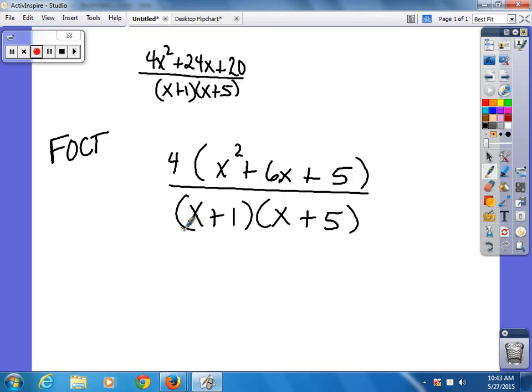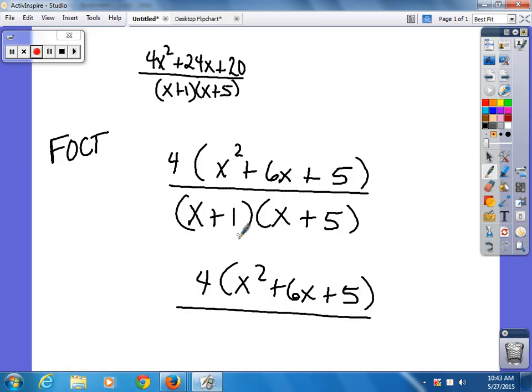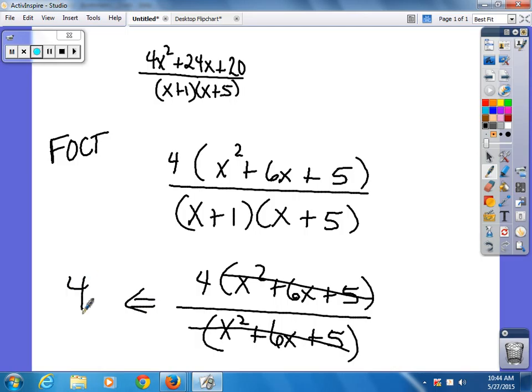They cancel. If you want to do this, you can either factor this or you can use the FOIL method here. What will that give you here? 4 times x squared plus 6x plus 5 over x squared plus what? 6x. Oh yeah, this is a test question. Because I like the way this one ends up.